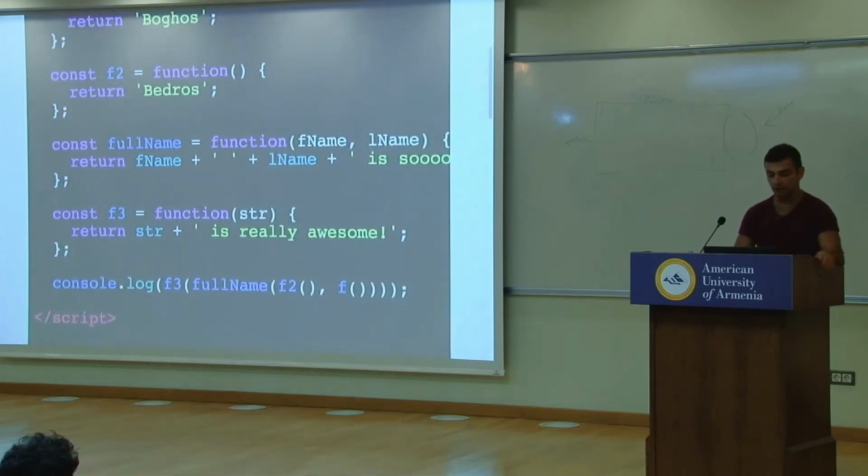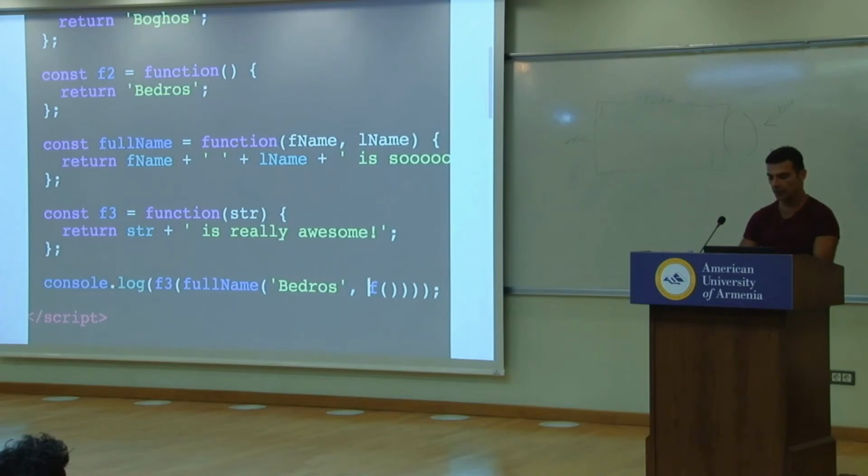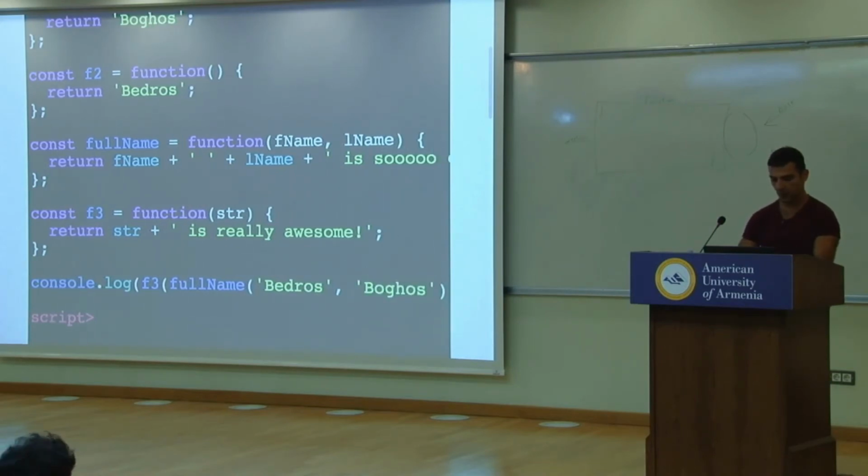Okay, so let's break this down. F2, when it runs, what happens? This turns into bedros, right? What happens when you run F? Okay, what happens when you run full name over bedros boros? Right, John, exactly.